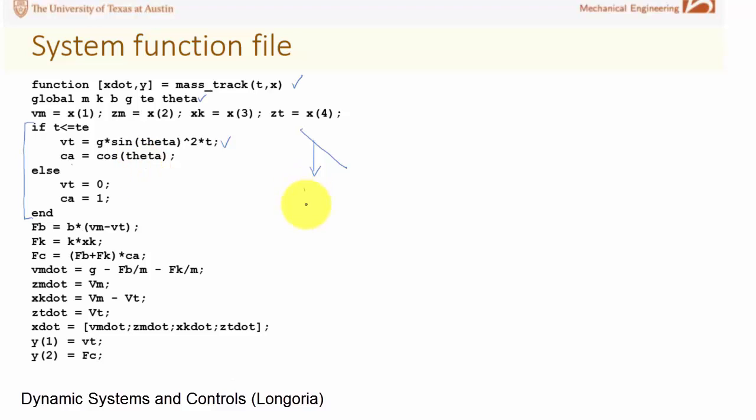So when I calculate my contact force, I just need Fk plus Fb times that contact angle calculation. Now, if I'm on the flat, then, in other words, I'm not less than T sub E, I'm greater than T sub E, then, oh, the vertical velocity is now 0, and the contact angle becomes 1, so I have the full suspension force giving me my contact force.